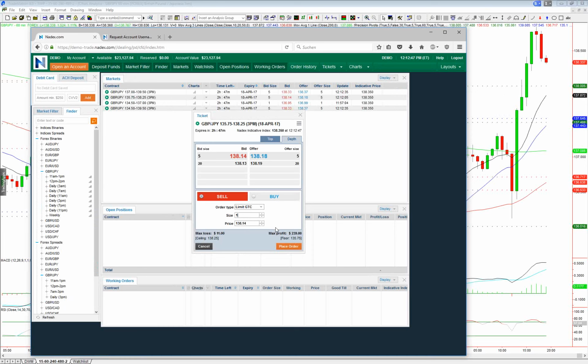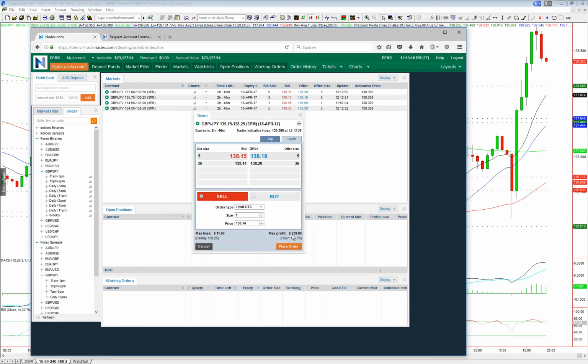Now, if I wanted to sell this contract one time, we are still trading above the ceiling level. So right now, my maximum loss here is definitely limited. My maximum loss would be $11. My maximum profit, however, would be $239.